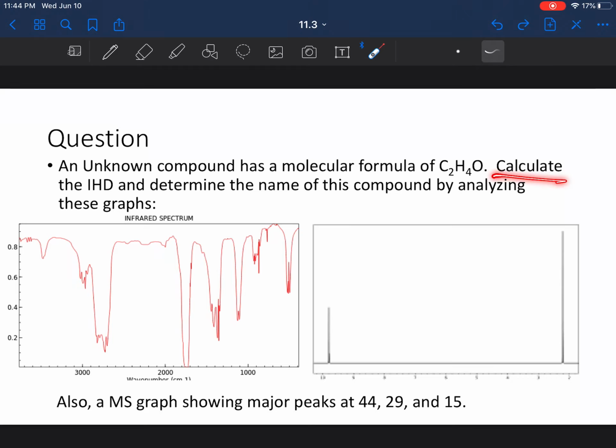What I want you to do is calculate the IHD. I gave you the IR graph. I gave you the HNMR graph. And I even gave you peaks of what you expect in an MS graph. Oh, look. This should be expected, right? 44, because that's the molar mass of this compound. What are these? What does a fragment give?